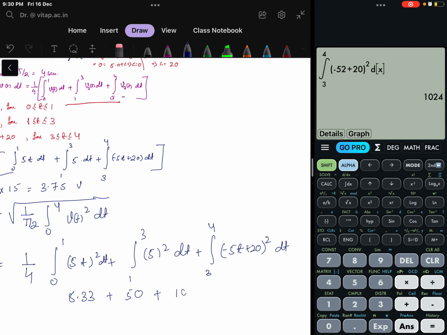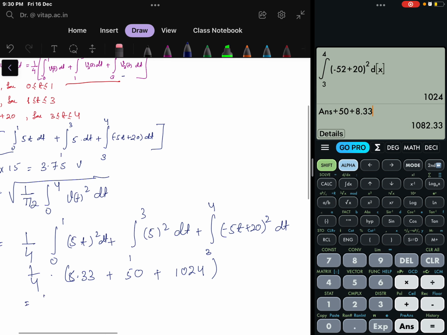So, this value is 1024. Okay. So, 1 by 4 is there. Now, I have to add this. So, equals to 1024 plus 50 plus 8.33. So, that is equal to 1 by 4 into 1082.33. Okay.